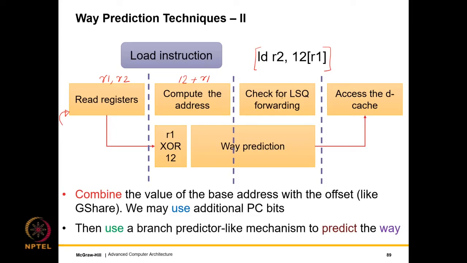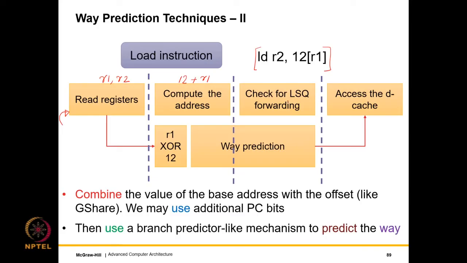So in this case, we check for load store queue forwarding. We can additionally have another stage to convert the virtual address to the physical address. This depends upon what we store in the load store queue. So if within the same thread, different virtual addresses can map to the same physical address, then we need to store physical addresses in the load store queue.